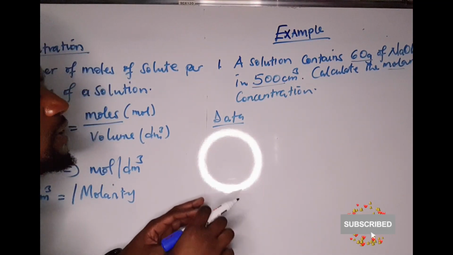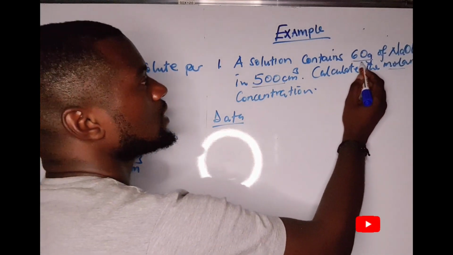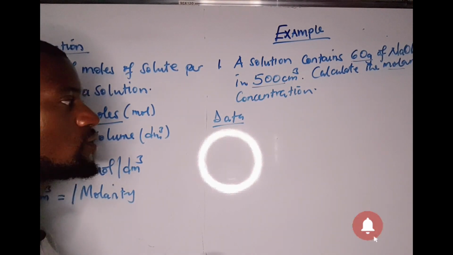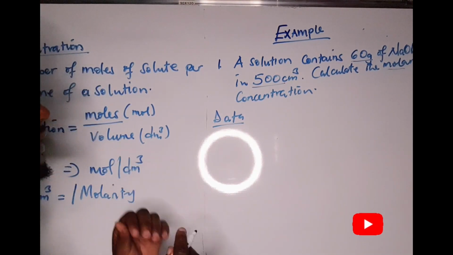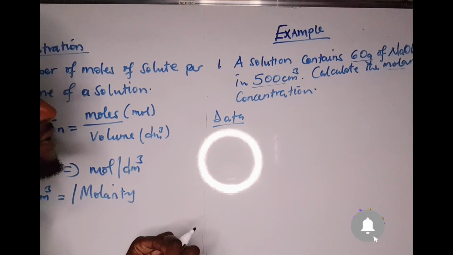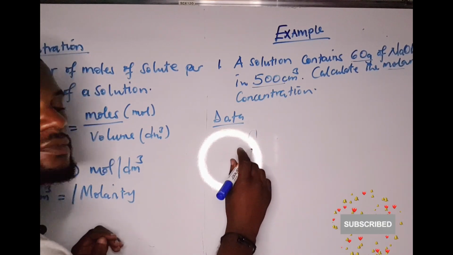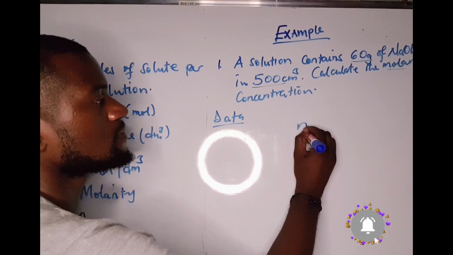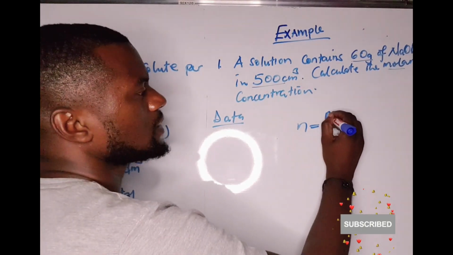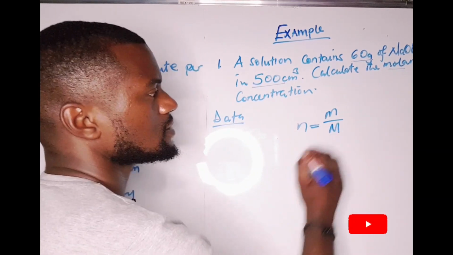In order to calculate the molar concentration, we should first convert this mass of sodium hydroxide into number of moles. Number of moles is equal to mass divided by molar mass.